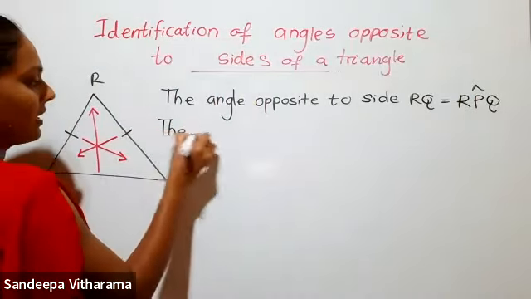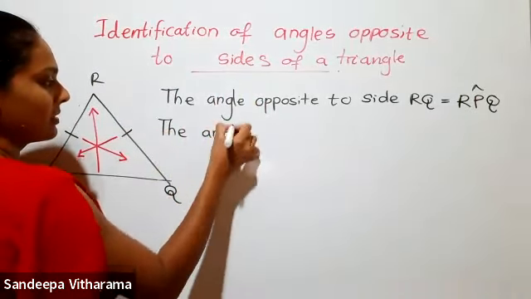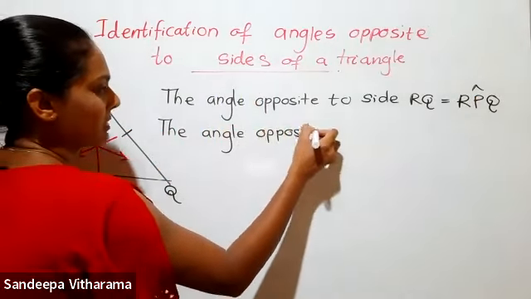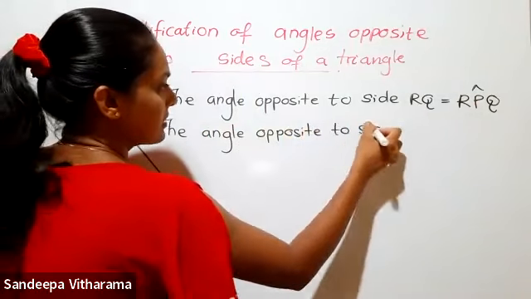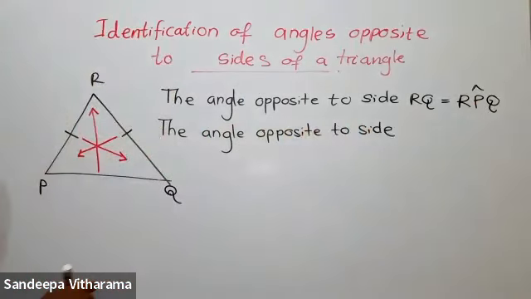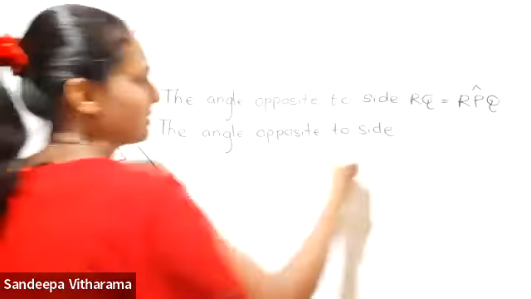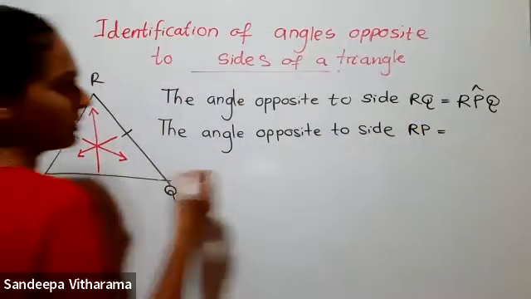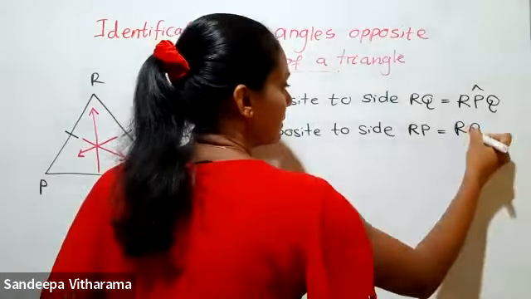Next, the angle opposite to side RP equals RQP.